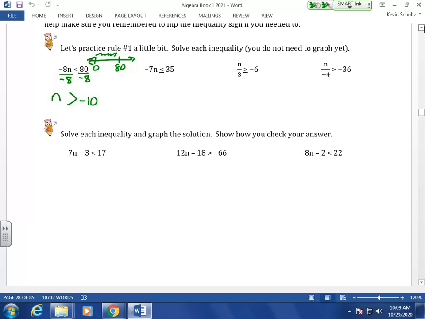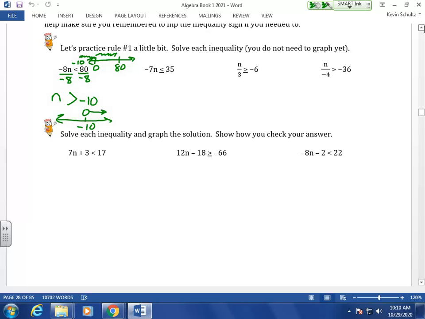If you think about where -10 is on the number line, we want to be on the 0 side of that. That's going to be on the right side of -10. So because we're switching sides of the number line when multiplying and dividing, that inequality symbol must switch. So when we graph this, n is greater than -10.